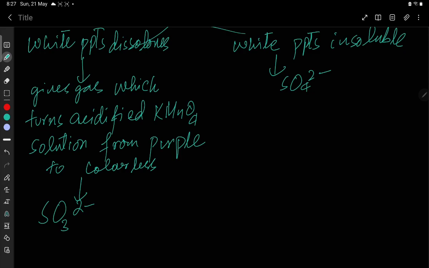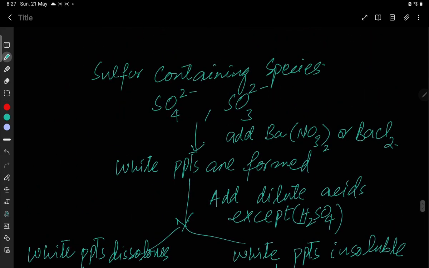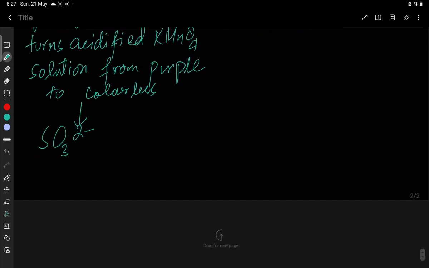So in this way you can identify whether sulfate or sulfite ions are present.